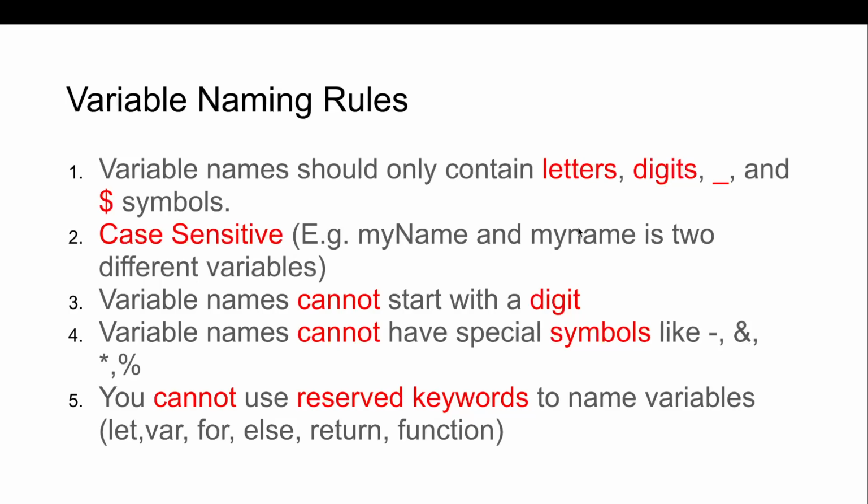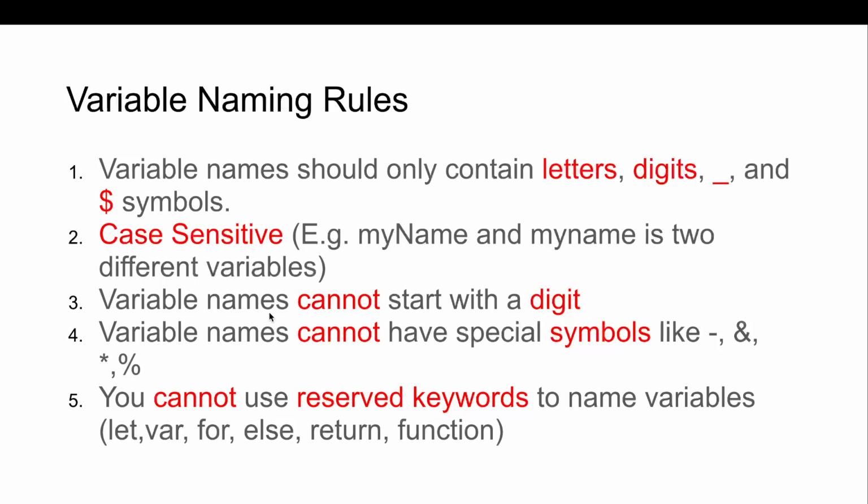This N is a capital letter and the second one, myname, has no capital letters. JavaScript will assume that this is a different container and this one is a different container. It won't assume both are the same, even though just one capital letter is different.